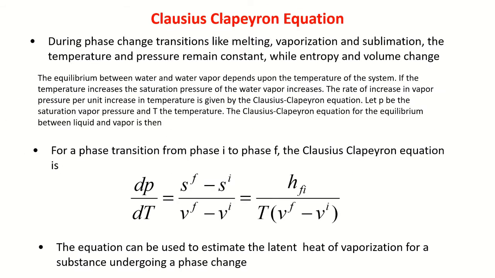Okay. Now let us learn another equation, the Clausius-Clapeyron equation. We have studied steam formation, and I had drawn the temperature versus heat input diagram and explained the various terminologies.